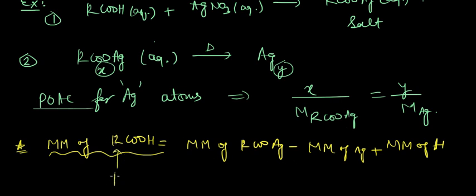Because R is unknown, hence you have to use the molar mass of RCOOAg. Once you get the molar mass of RCOOAg, if you know X and Y and the molar mass of Ag, using that you can know the molar mass of RCOOH.